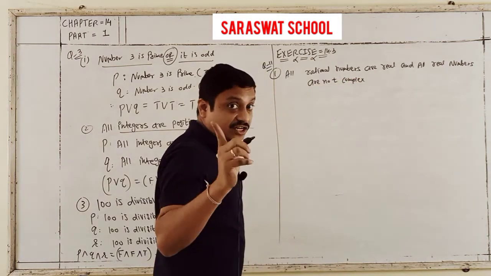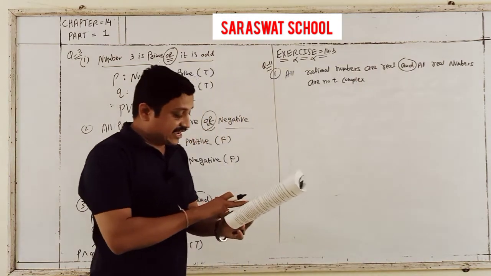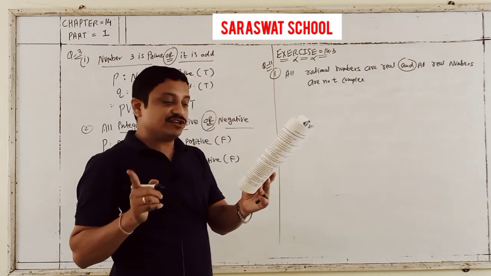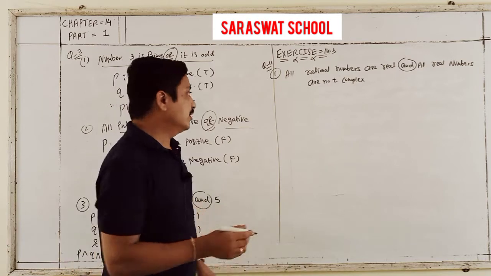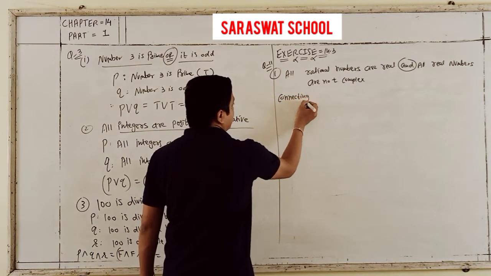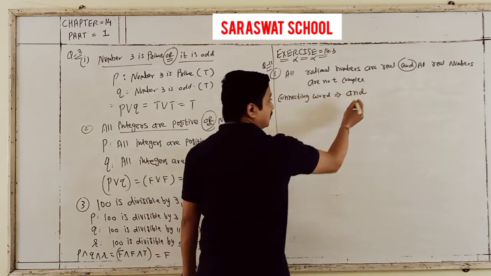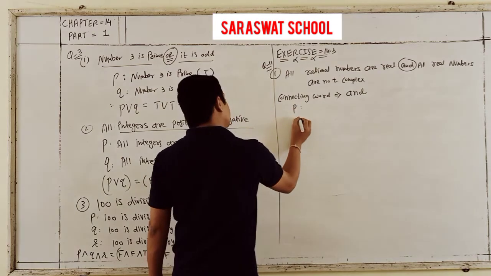Students, the conjunction is and. My target is asking each of the following compound statements: first identify their connecting word. So here we write down the connecting word. It is and, and two parts P and Q.